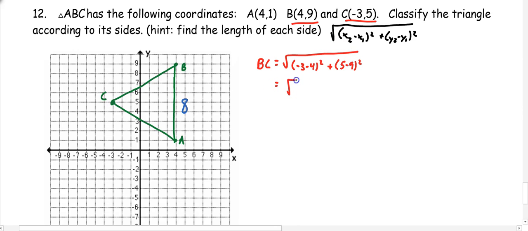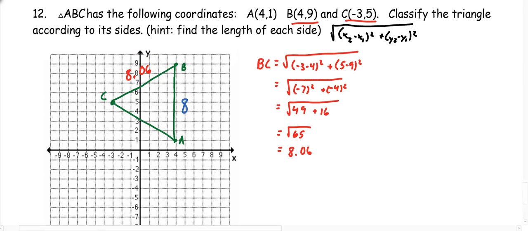Make sure when they're negative numbers, you leave them in parentheses. So I have (-7) squared plus (-4) squared. When I square those, I get 49 plus 16. Remember, when you square a negative, you should always get a positive because it was in parentheses. When I add those together, I get the square root of 65, which I'm going to round to my nearest hundredth, 8.06. So BC has a distance of 8.06.